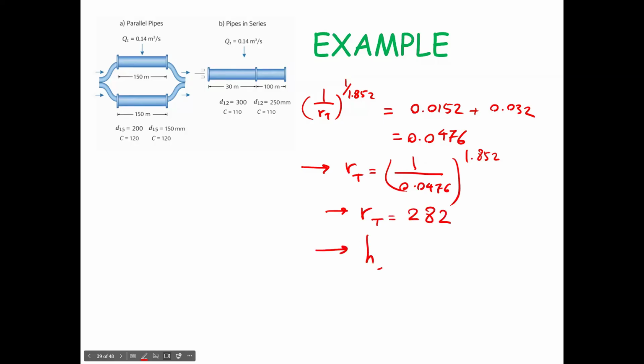HF of T equals RT times QT, so 282 multiplied by QT, the total Q, and you have 7.5 meters of HF.